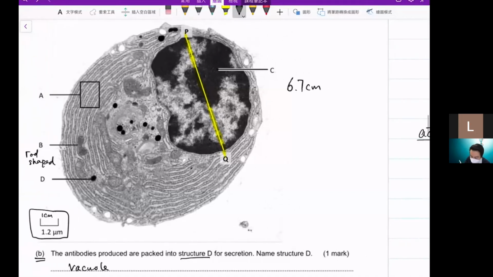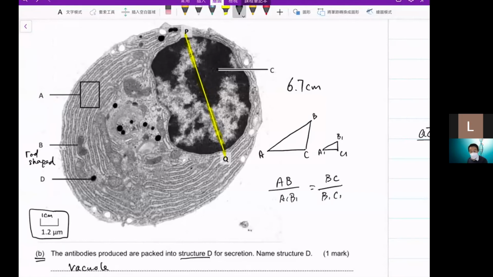The concept here is, if you have learned similar triangles, if two triangles are similar, then the ratio of AB to A1B1 should be the same as the ratio of BC to B1C1, right? So, a similar concept.